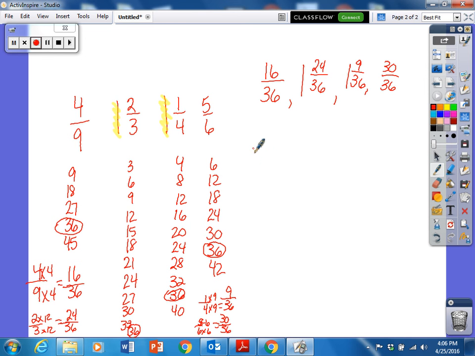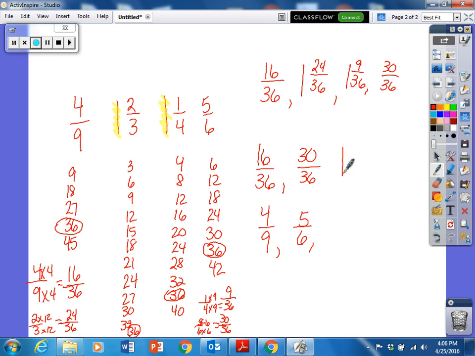So from least to greatest, I know my whole numbers are going to be larger than just a fraction, so my smallest one is 16/36, which is actually equivalent to 4/9. My next smallest would be 30/36, which is equivalent to 5/6. Then my next one is 1 and 9/36, because 9 is less than 24.